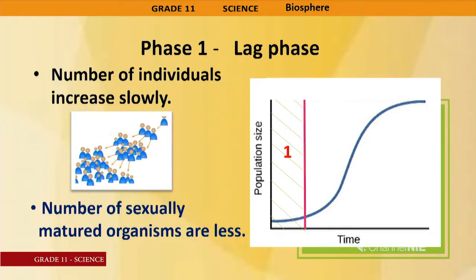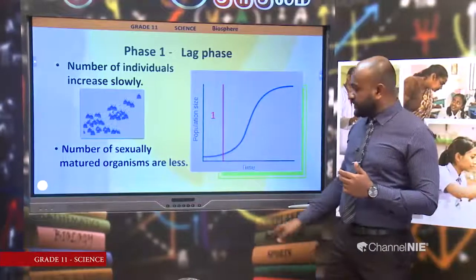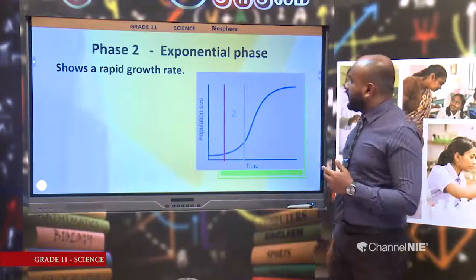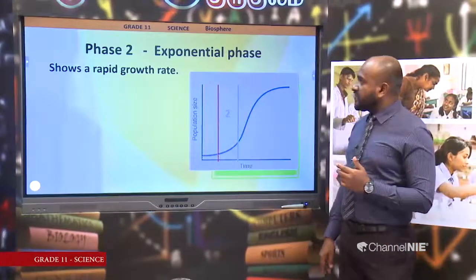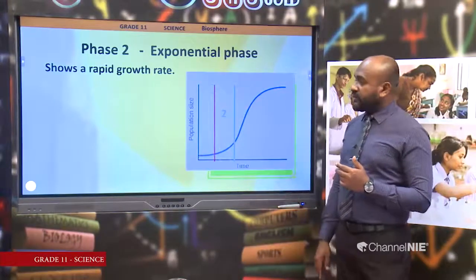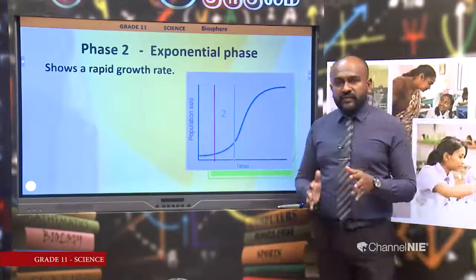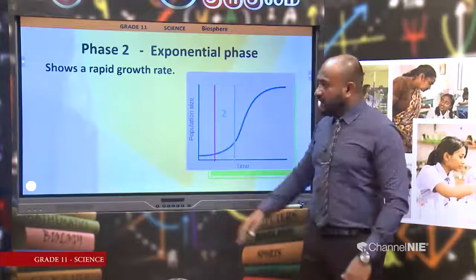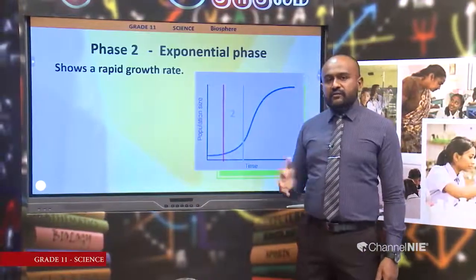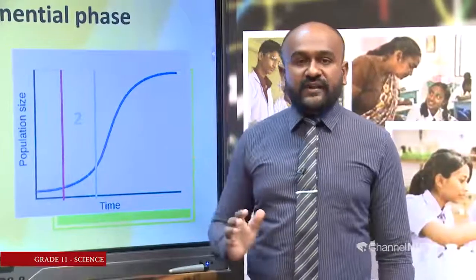Now, we go to the second phase that we see in the growth curve. Yeah, you know what it is: the exponential phase. You can see a rapid growth rate. Before you see the reasons on the screen, can you guess them? Why is there a rapid growth rate during the second phase?